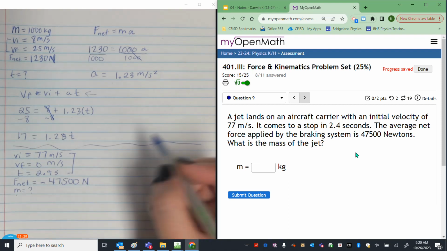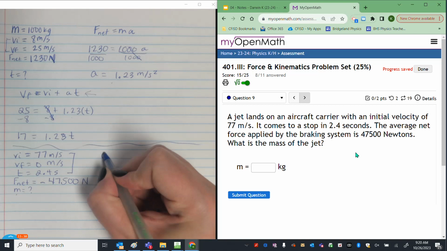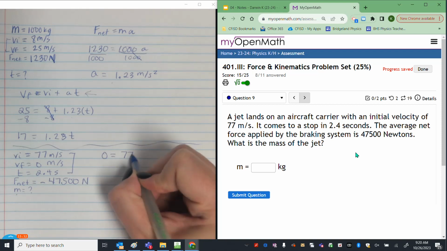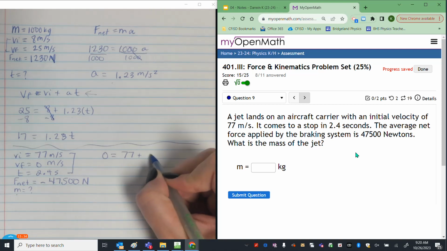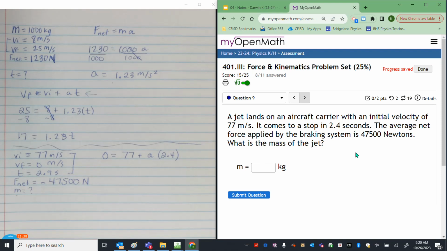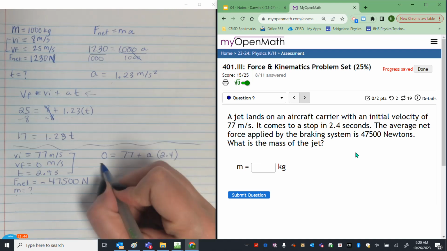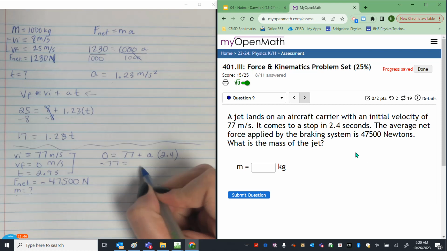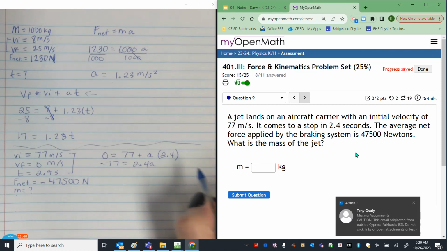So if I plug in, that is 0 equals 77 plus A times 2.4. Okay, so VF equals VI plus A times T. Again, that's going to move this over here. Negative 77 equals 2.4A. Divide both sides by 2.4.